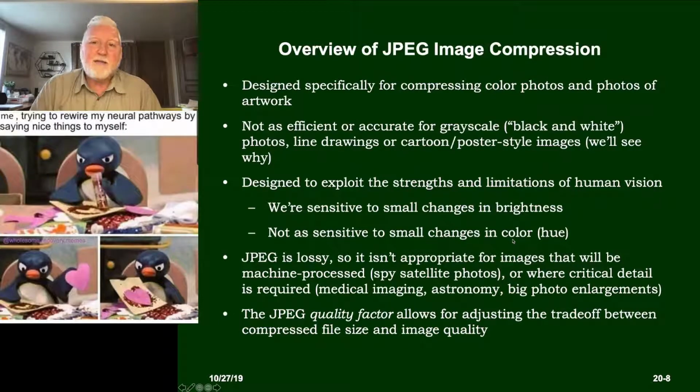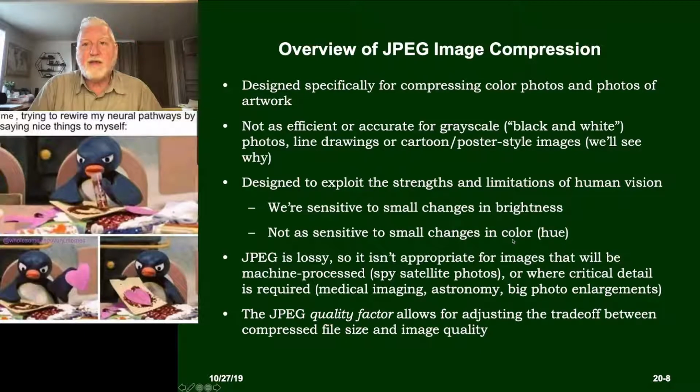Well, what if we said let's do something with color images that have a lot of blend in the colors, like you see in a painting or something like that. It turns out that human vision has a high level of sensitivity to brightness and a lesser sensitivity to changes in color, or hue.